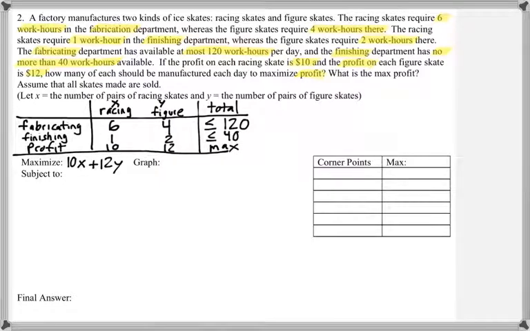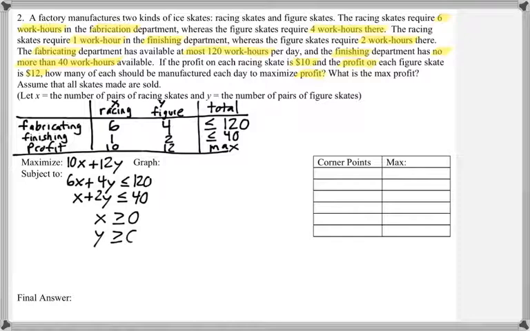And my constraints are 6x plus 4y is less than or equal to 120, and x plus 2y is less than or equal to 40, as well as x has to be greater than or equal to 0, and y has to be greater than or equal to 0, because this is real life. So those are my constraints and my objective function. So I can put my objective function over here.